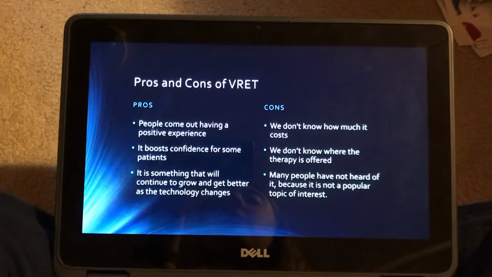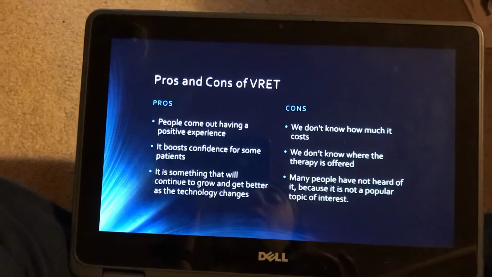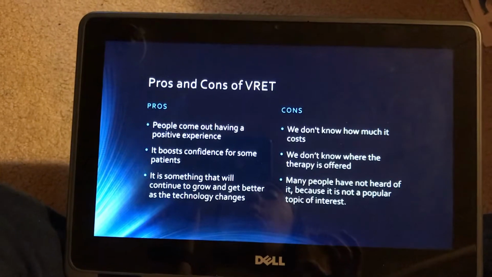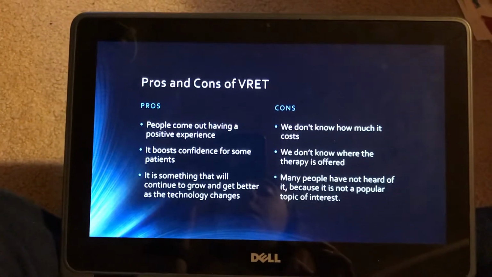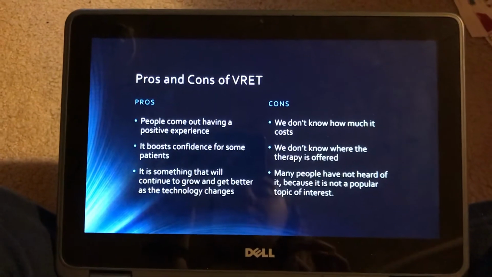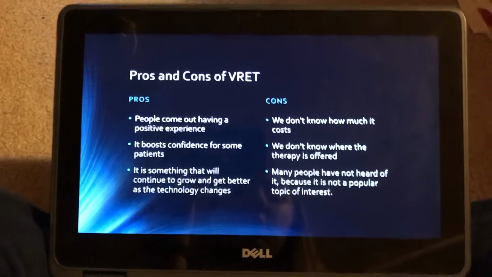The cons are that we have no idea how much it is. We have no idea where the therapy is offered, and a lot of people have not heard of this because it is not a very popular topic of interest.